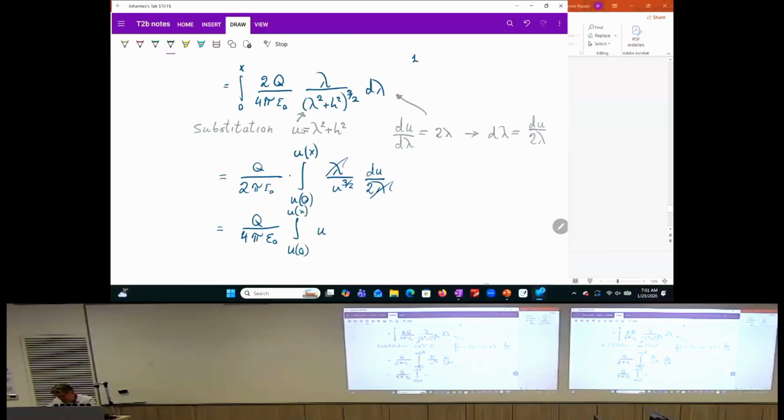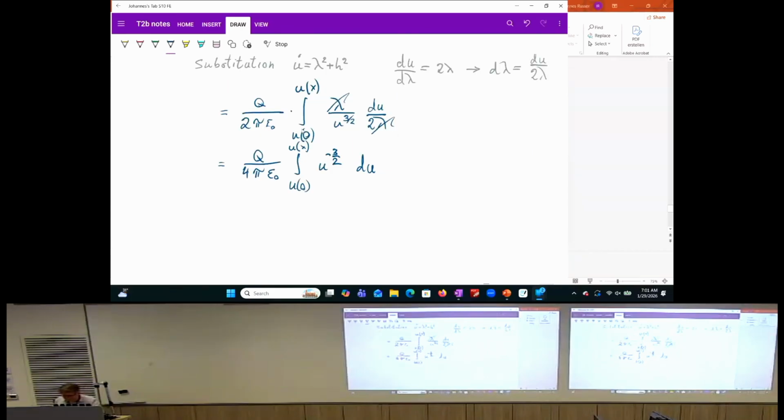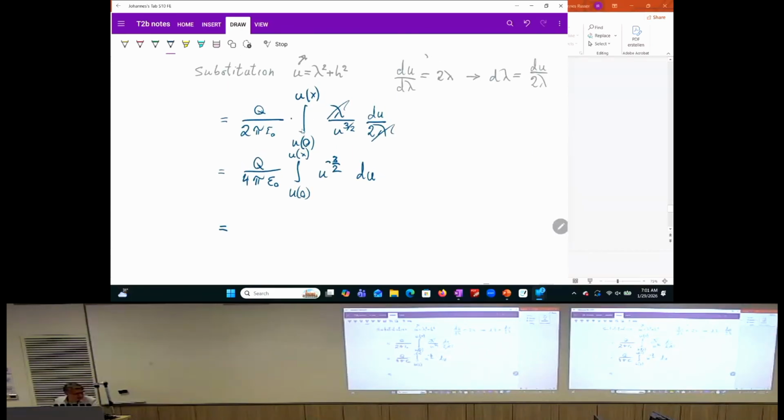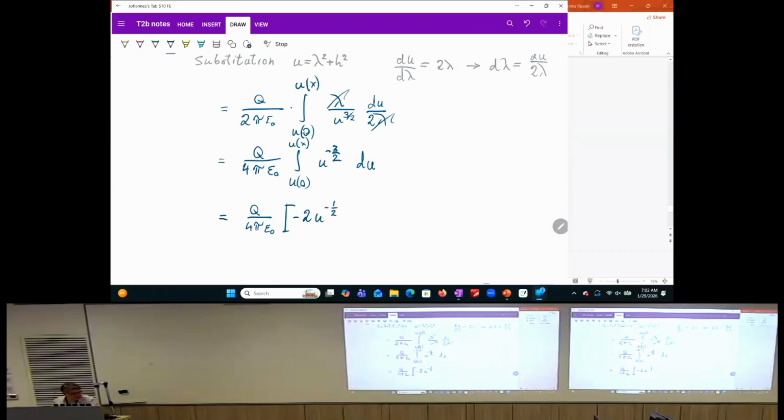And this here is u to the power of minus 3/2. So let's integrate that. That is very easy now. This is minus 2 times u to the power of minus 1/2. And here we run from h square to x square plus h square.